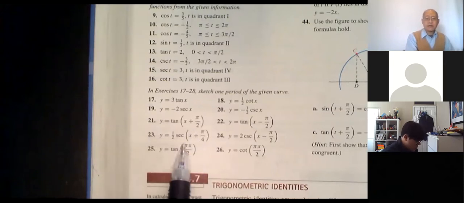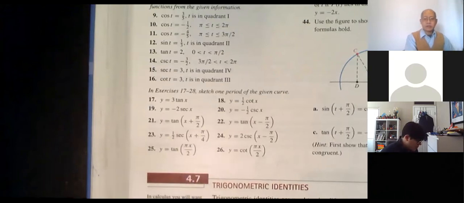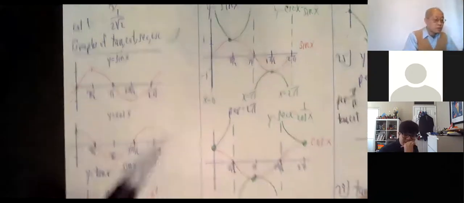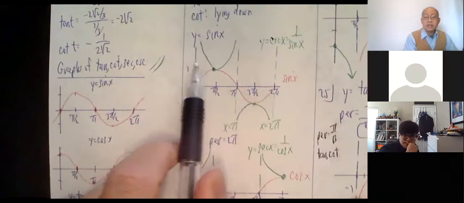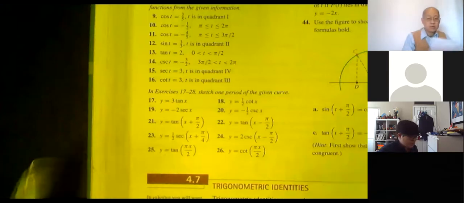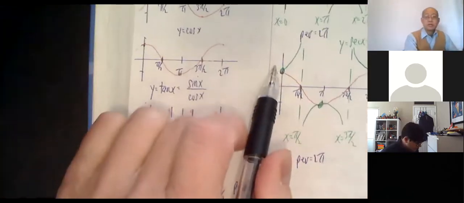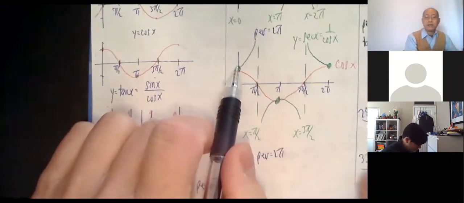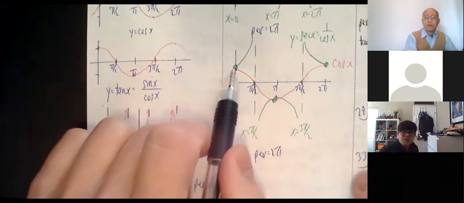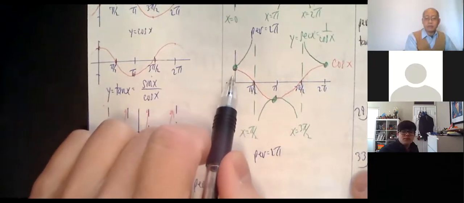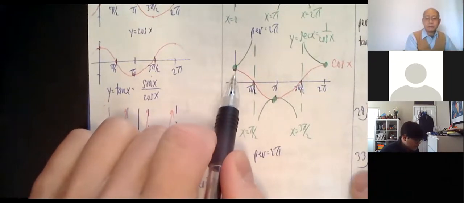And how about this, half secant x plus pi over 4? Right, so two things are going on. You've got the half. So let's see, where is my secant graph? Secant, there's a coefficient of half. So rather than having a y value of 1, the y value is only going to be a half.